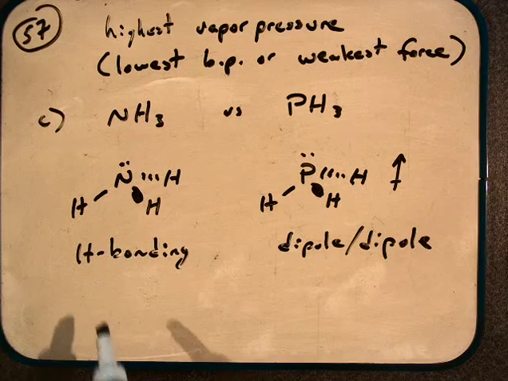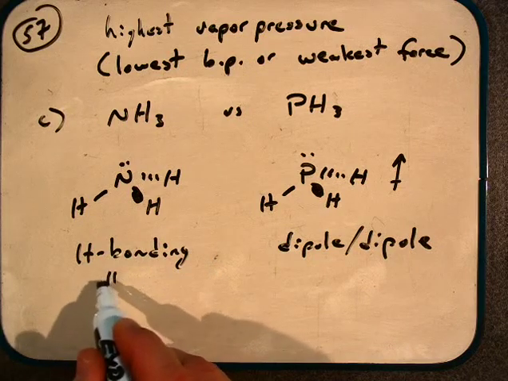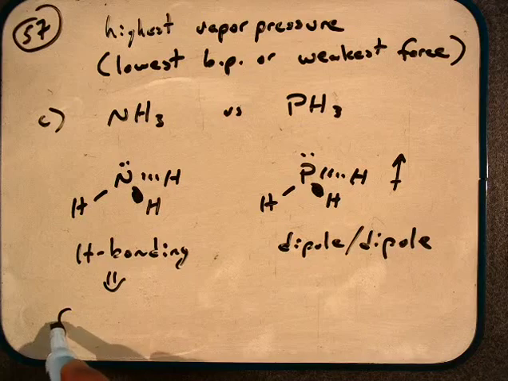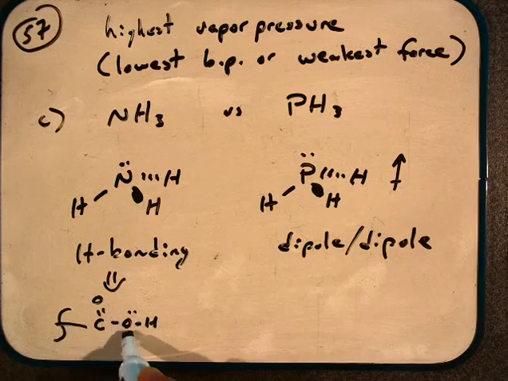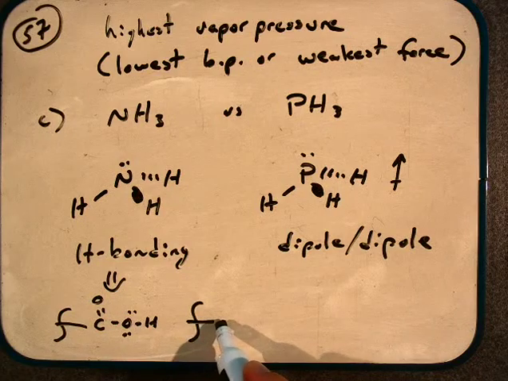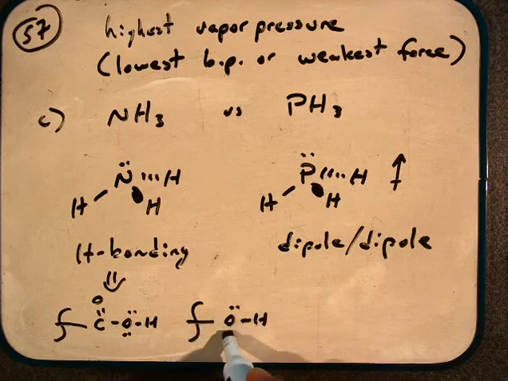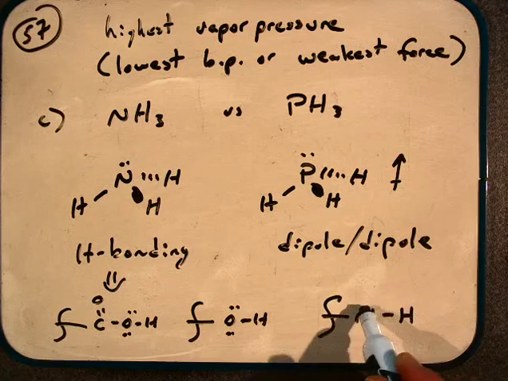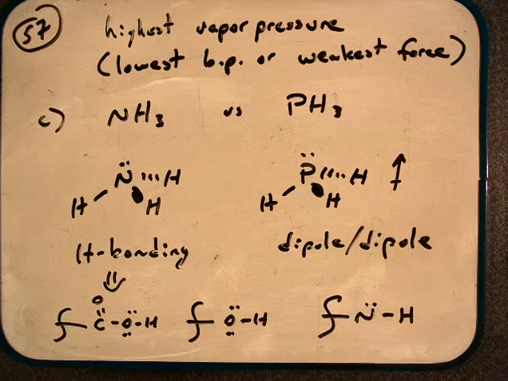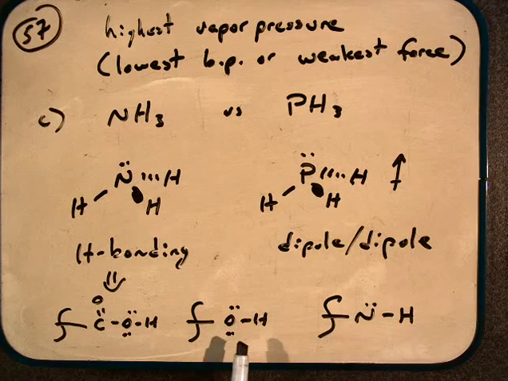And so remember, our structures that we have to remember for these guys are our carboxylic acid, our alcohol, and our amine. And so if we see these different types of groups, we have to immediately know that these are hydrogen bonding groups.